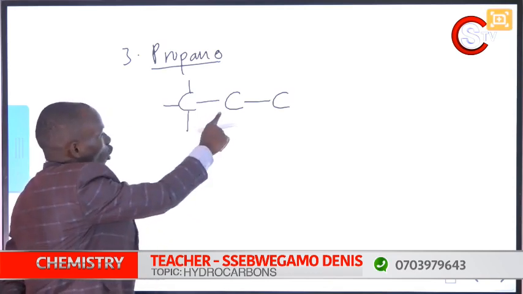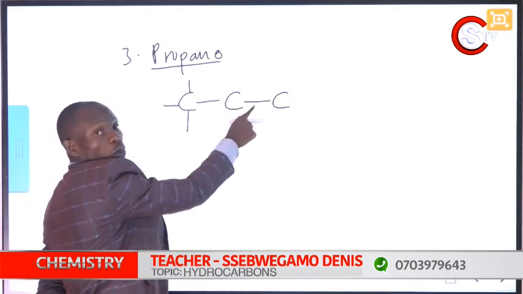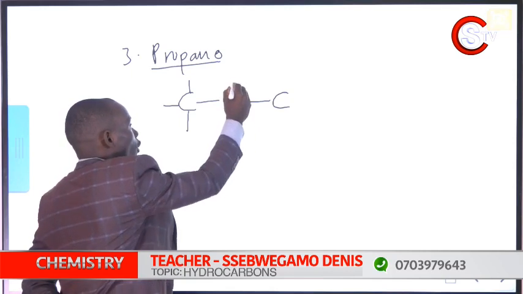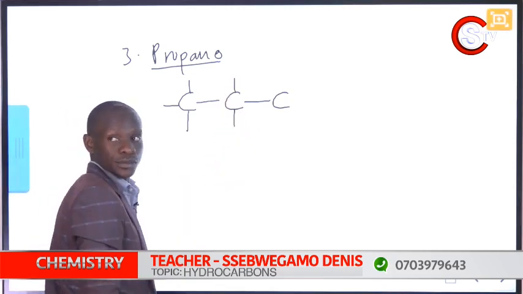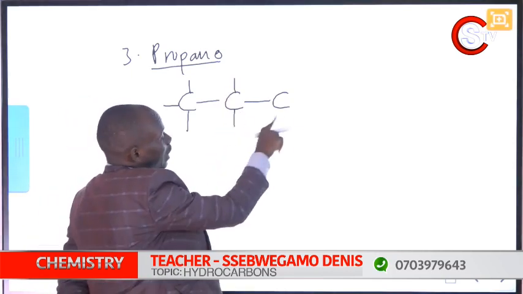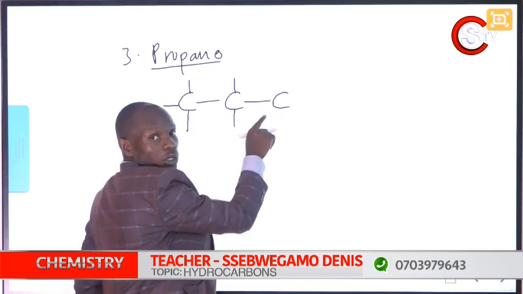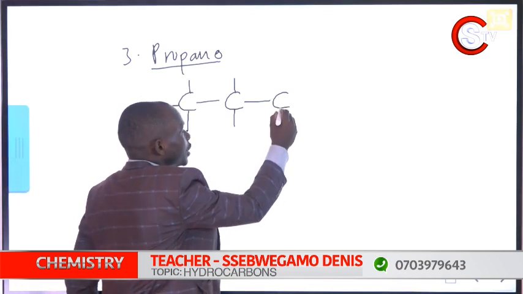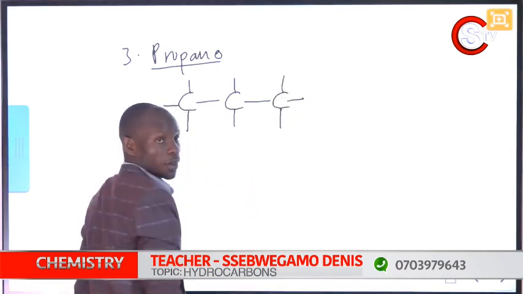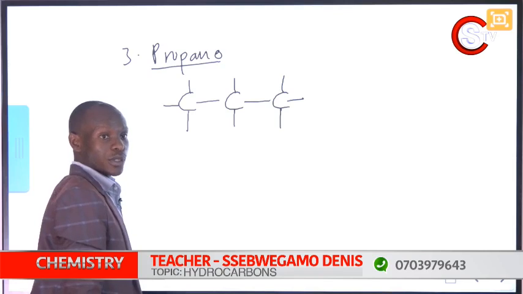The middle carbon atom is already connected to 2 bonds. So it is lacking only 2 bonds. The terminal or the last carbon atom is connected to only 1 bond. So it is missing 3 bonds. But remember, these are hydrocarbons.